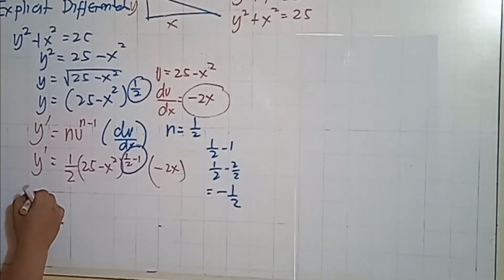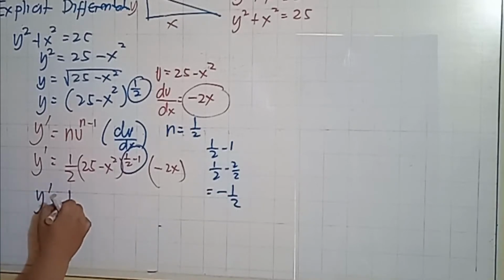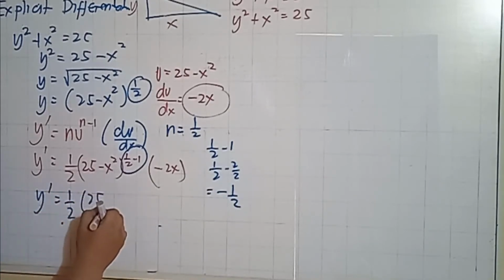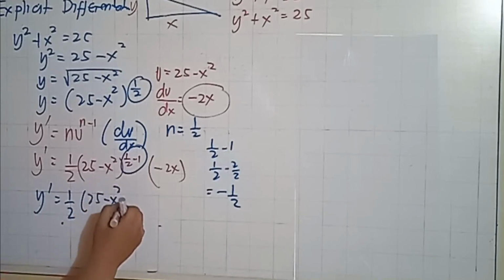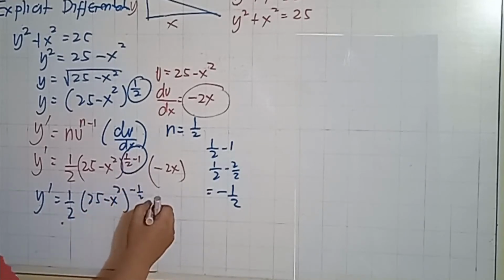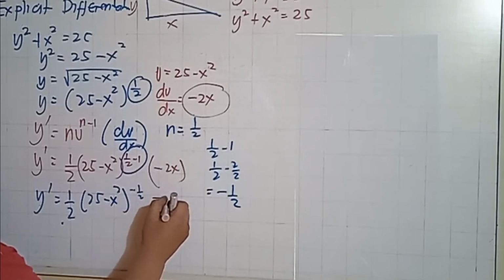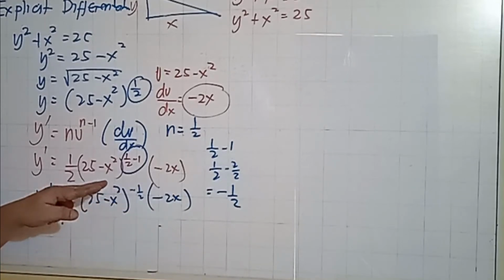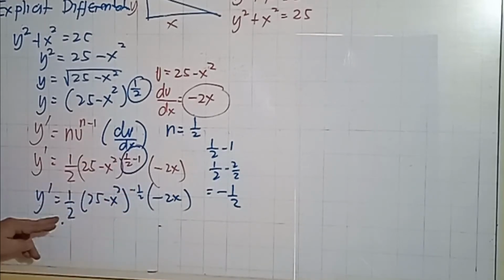So, lalabas nito that y prime is equals to 1/2 times 25 minus x squared raised to negative 1/2 multiplied by negative 2x. Okay. So, di ba binababa natin yung lahat ng may negative exponent dito sa denominator para makasama ito ng 2 dahil yung 2 is nasa denominator.